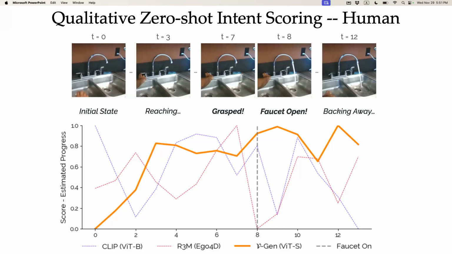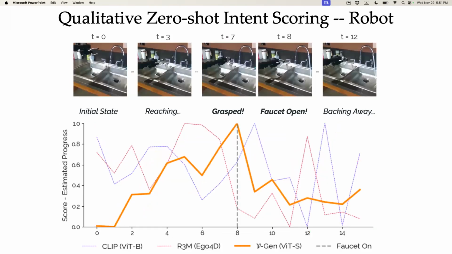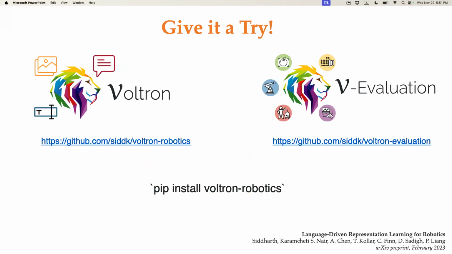And I thought that was very interesting. And the more interesting thing is, if you give it a robot's video, even though it hasn't seen any robots, this is just trained on human videos, it is able to do something similar. It's able to do zero-shot intent inference of robot videos without any fine-tuning. And I think that's pretty exciting because that shows that the model is a lot more grounded in terms of what we're actually after.